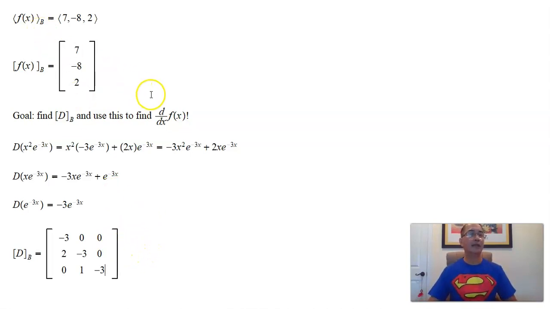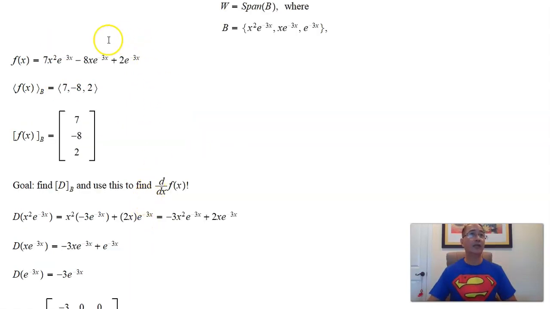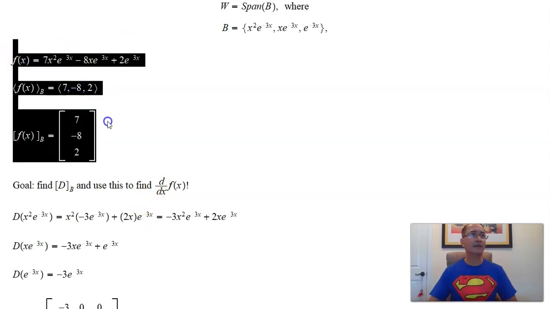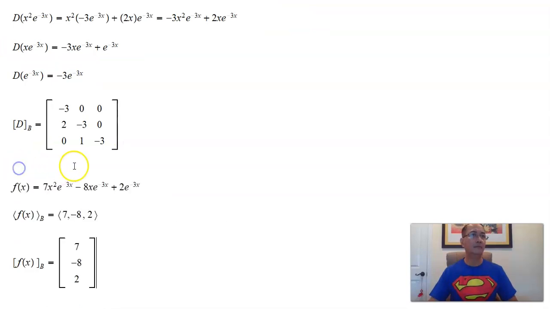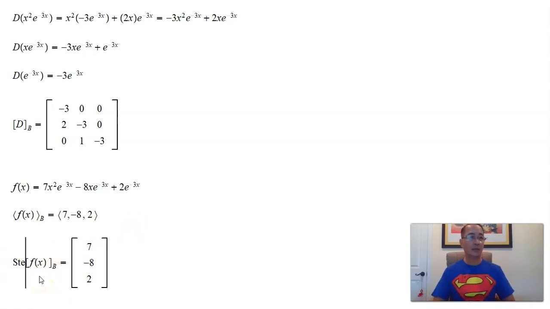So we're going to use that now to find the derivative of this function that we have over here. Let me copy that. There we go. Step 1, encode. But we did this already over here, so let's just label that Step 1.